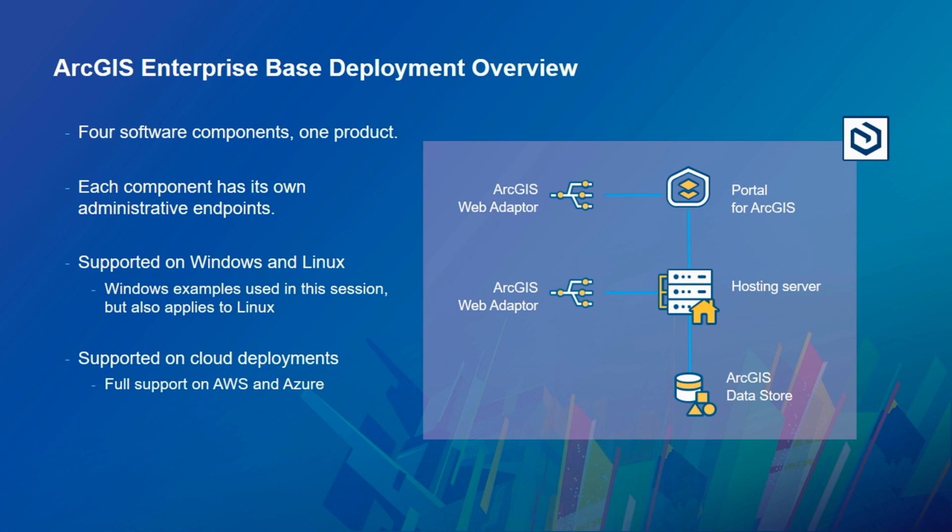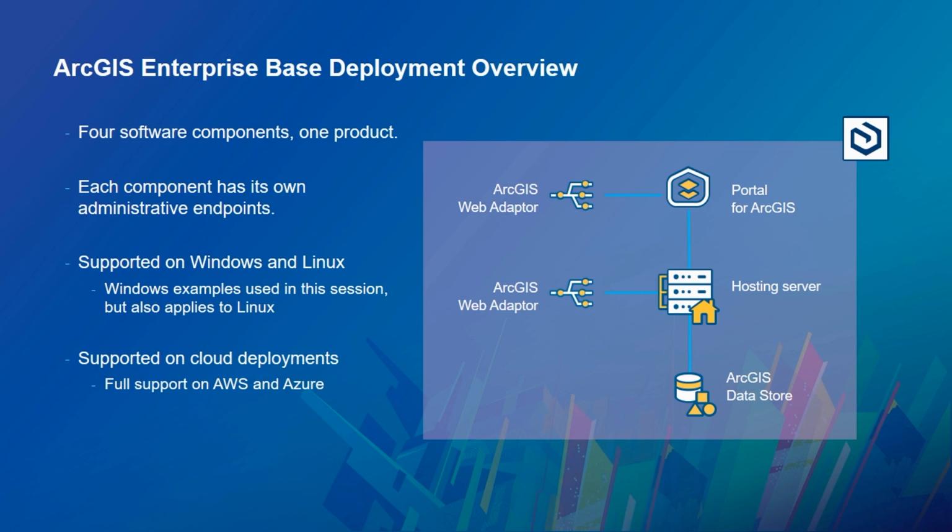So, to continue on that, Thomas described the 4 different components that make up ArcGIS Enterprise. There are relationships between all these components, and when you put them together, that again gives you your full base deployment. As administrators, you should be aware that each component has its own administrative endpoint, whether that's accessible through a browser or accessible through command line tools.